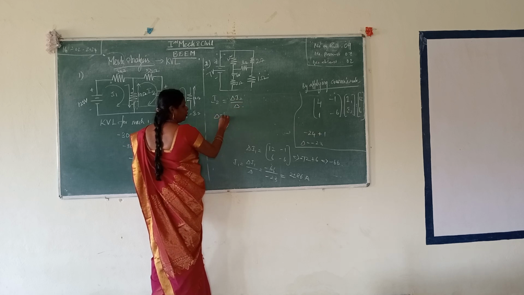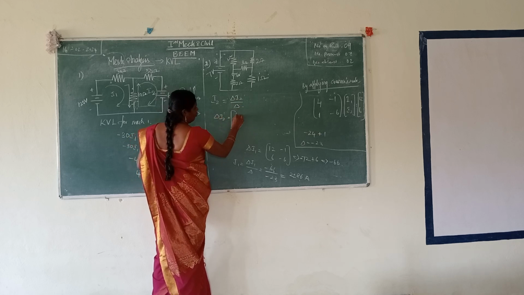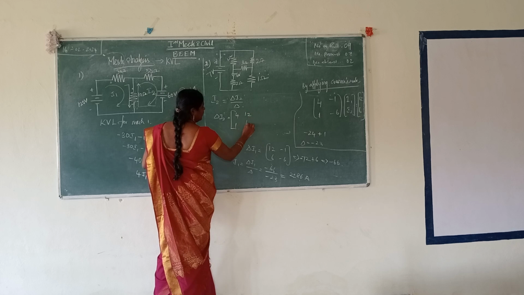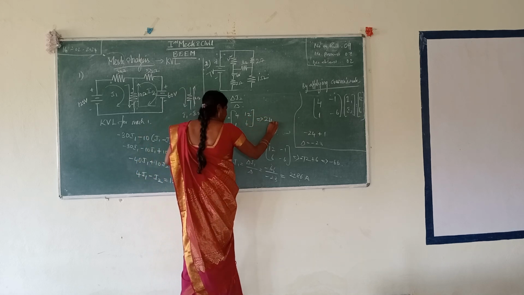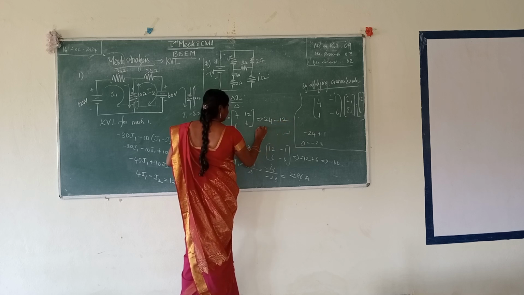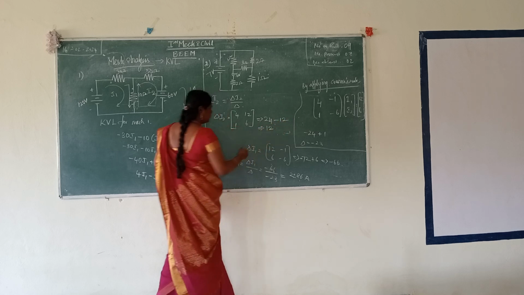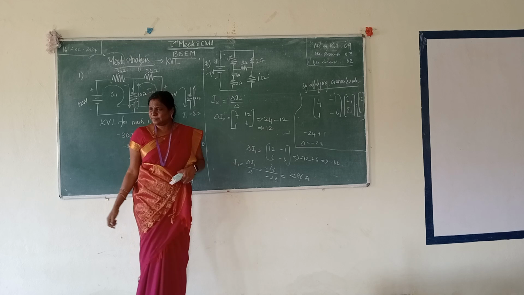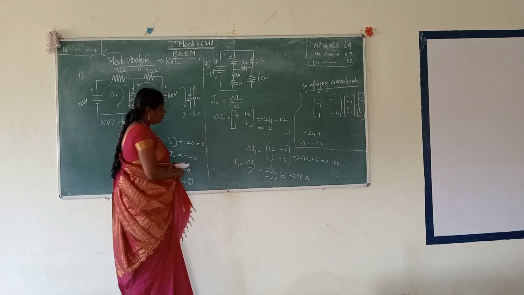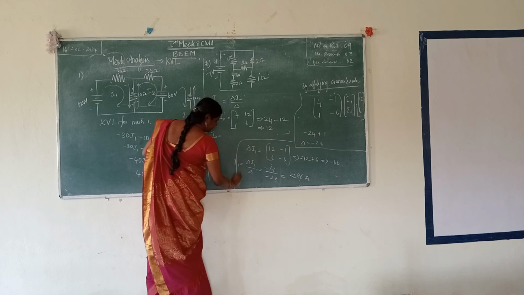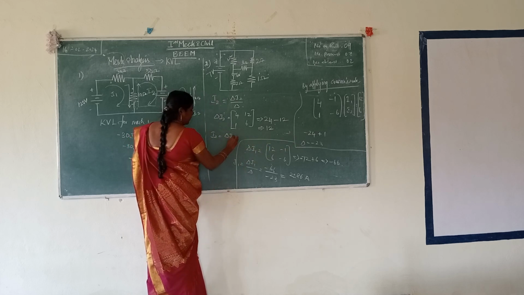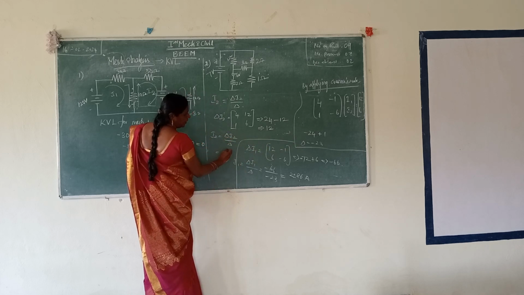So how to find del I2? 4, 1, 12, 6. That is 24 minus 12. So del I2 is 12. Okay. So I2 is del I2 by del, which is equal to 12 divided by minus 23.